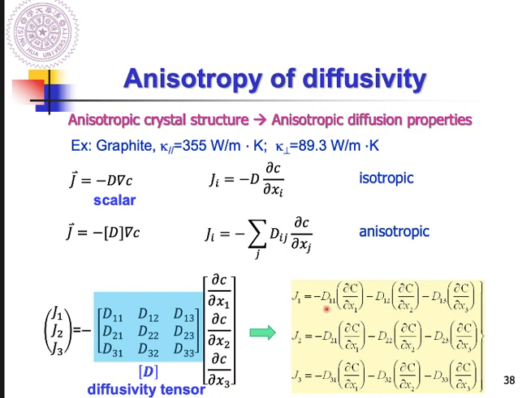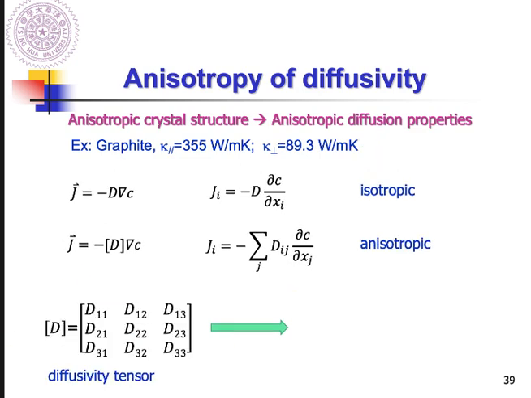So you get minus D11 times the concentration gradient along x1, minus D12 times this, and so on. And with the same idea, you can finish J2 and J3. So this is how we formulate the flux along 3 different axes to show the anisotropic properties inside these anisotropic crystal structures.